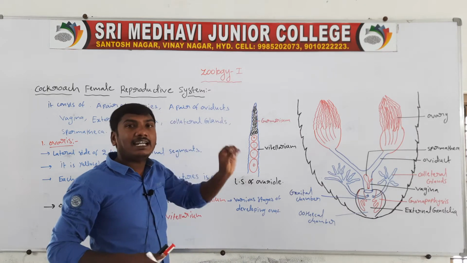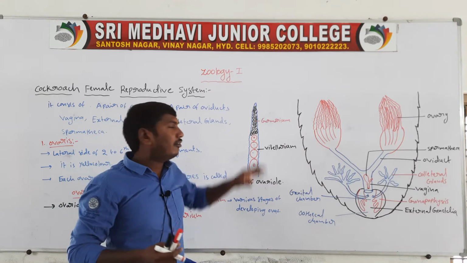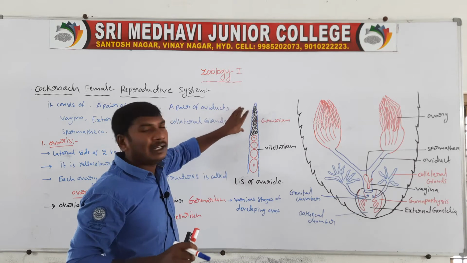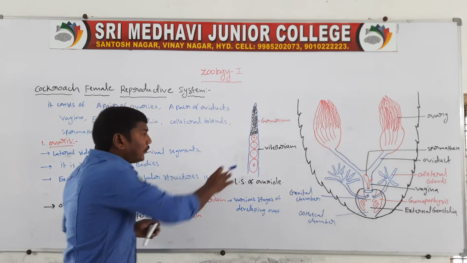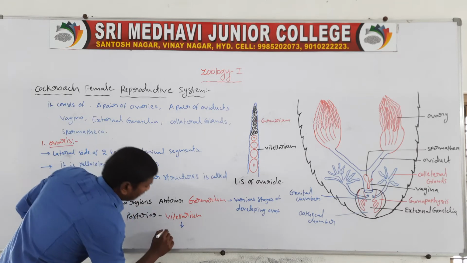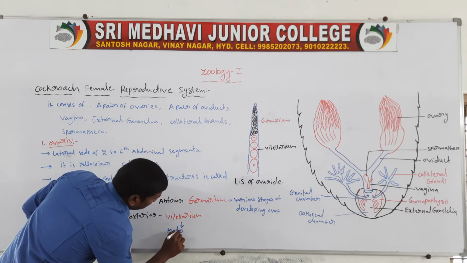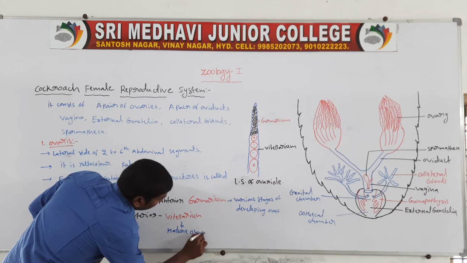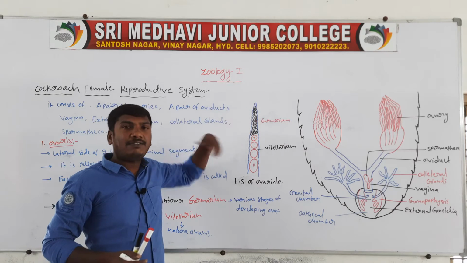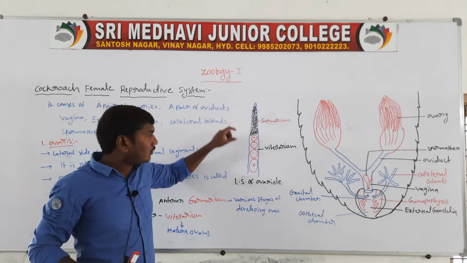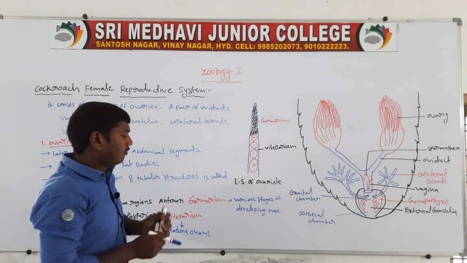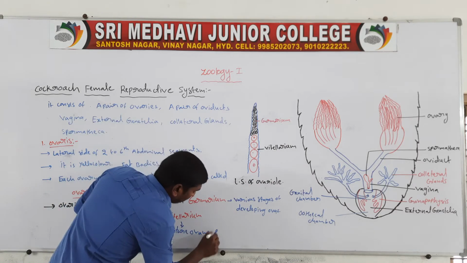The posterior vitellarium region contains the mature ova. So the anterior region has different stages of developing ova, and the posterior vitellarium region has developing ova with yolk.